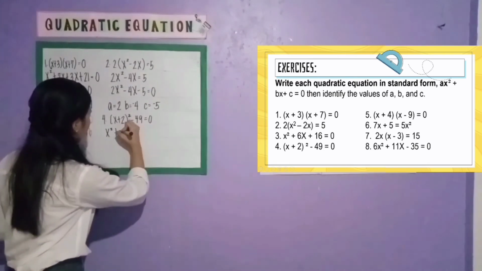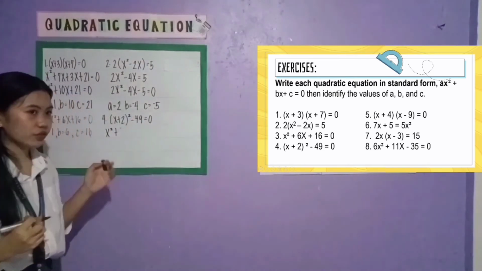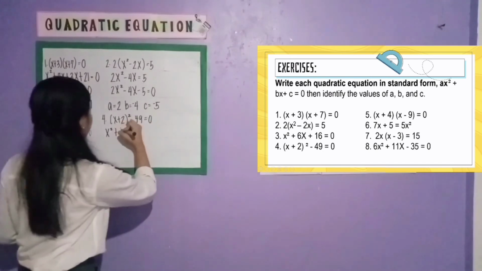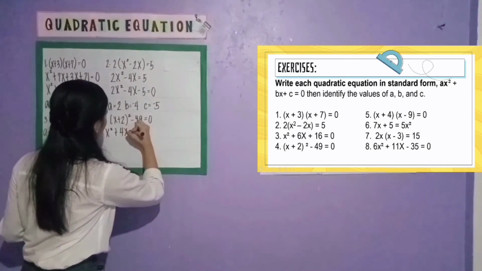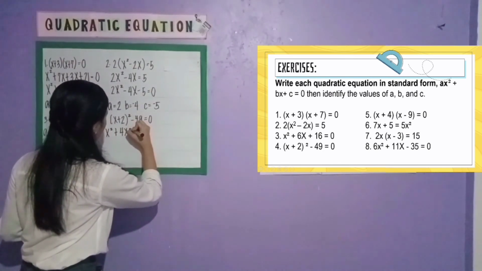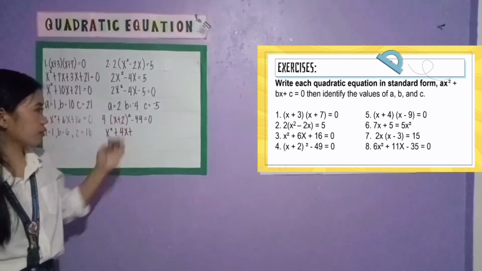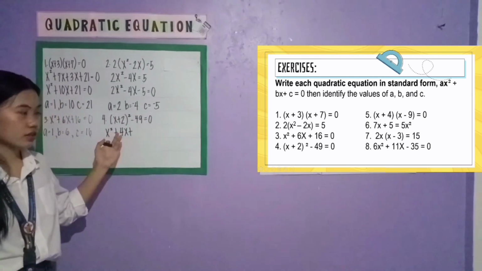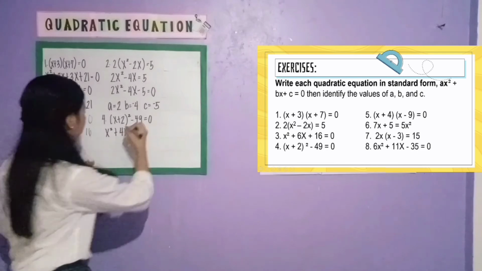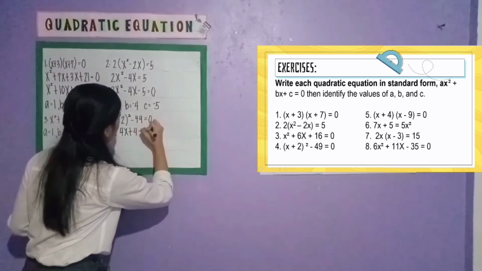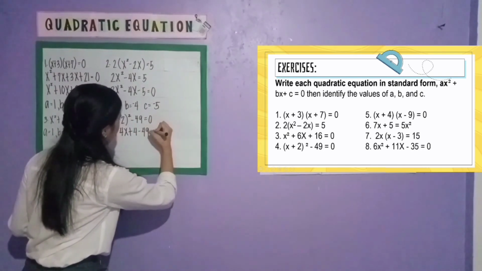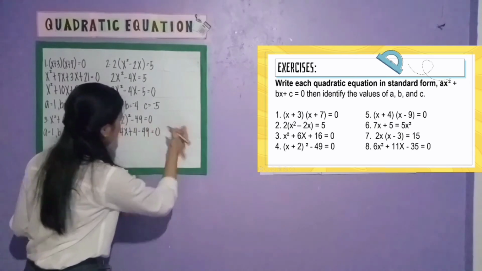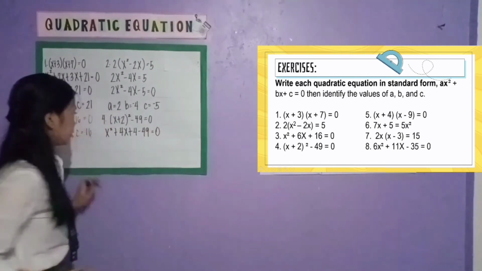So it will be 2x times 2 is equal to 4x. Next we have to square the last term. So 2 times 2 is equal to 4. Minus, we just have to copy the 49. Negative 49 is equal to 0.